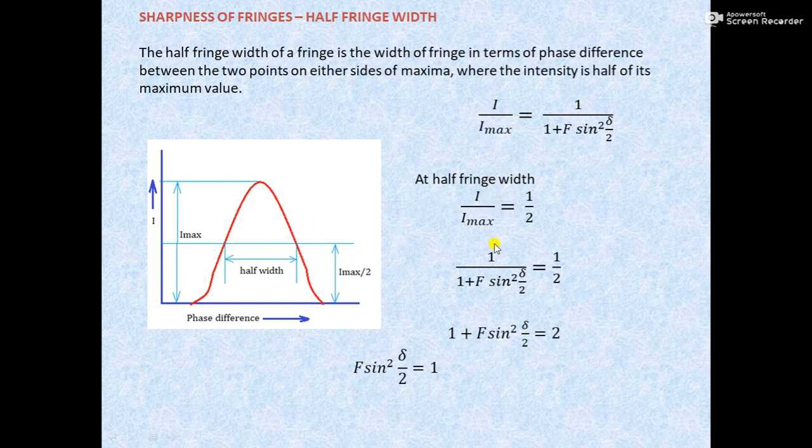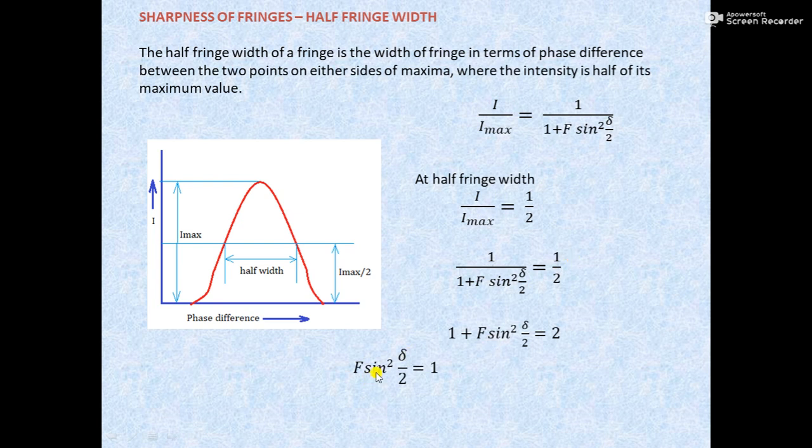So, at half fringe width, we can write I by I max is equal to half. So, we have the equation I by I max is equal to 1 by 1 plus F sin square delta by 2. From there, we can write 1 by 1 plus F sin square delta by 2 is equal to half.